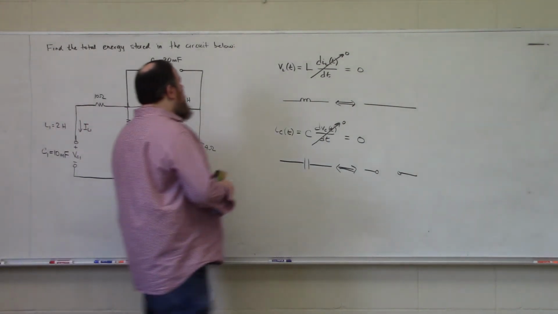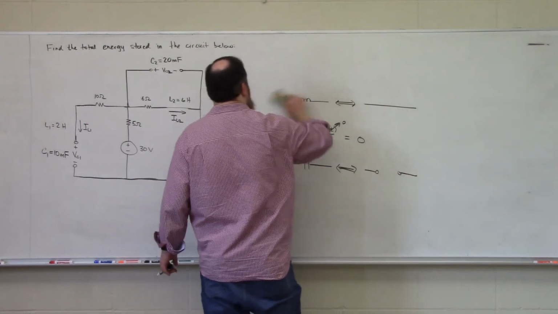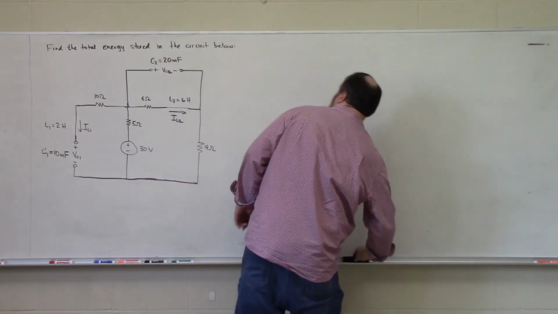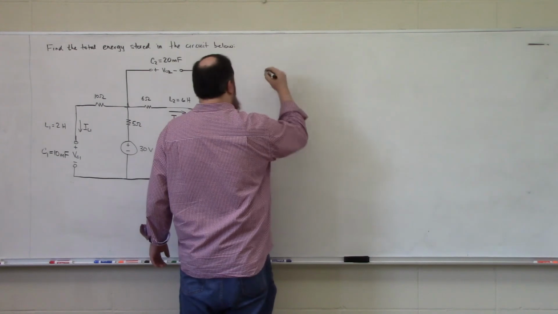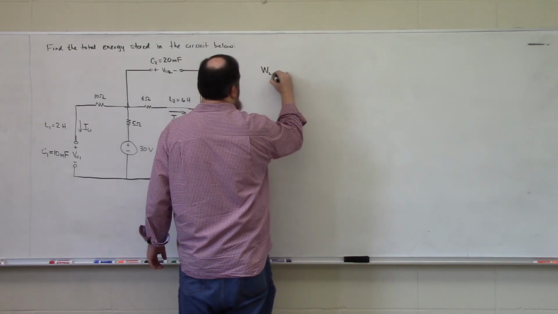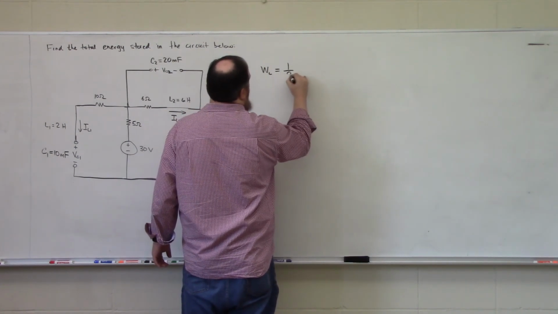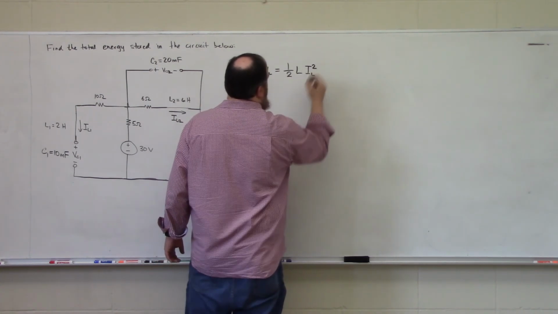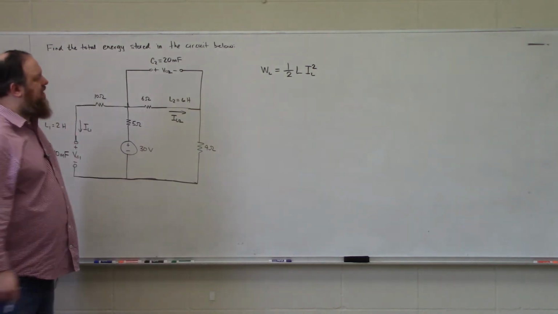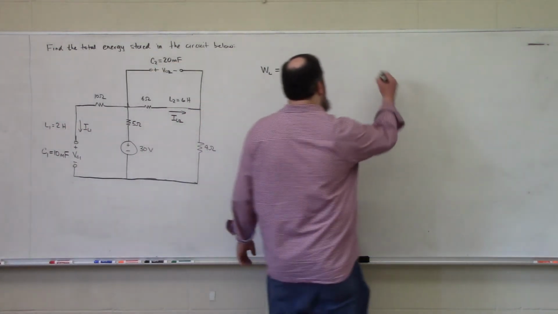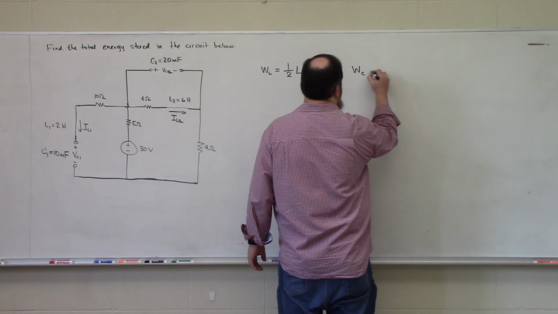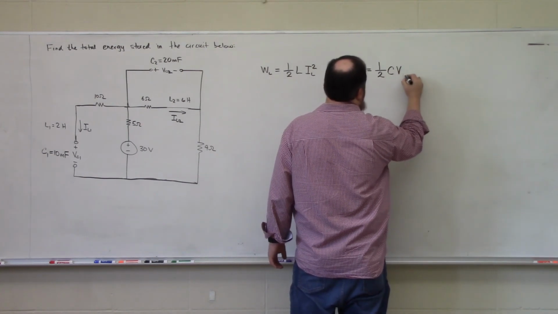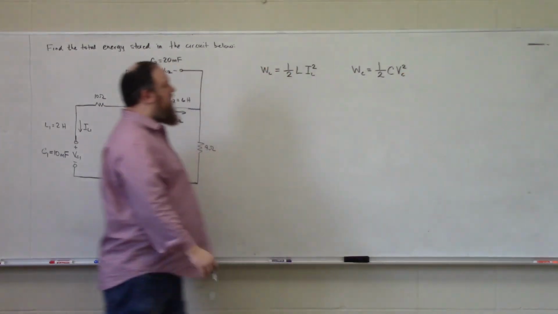The reason why I've specifically identified inductor currents and capacitor voltages is because the energy stored by an inductor, WL, is 1/2 L times the current in the inductor squared, and the energy stored by a capacitor, WC, is 1/2 C times the voltage drop over the capacitor squared.